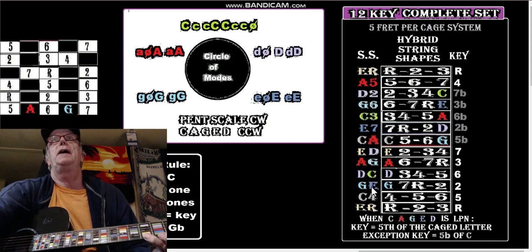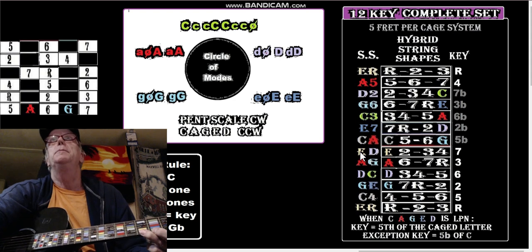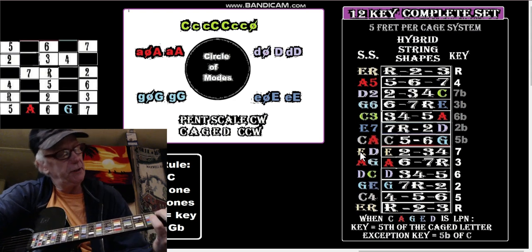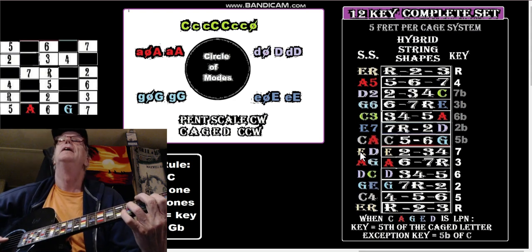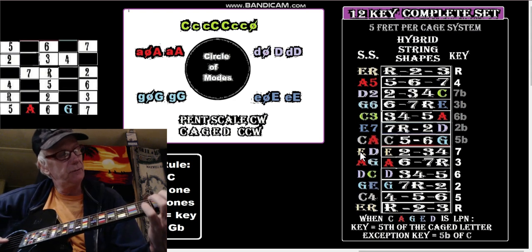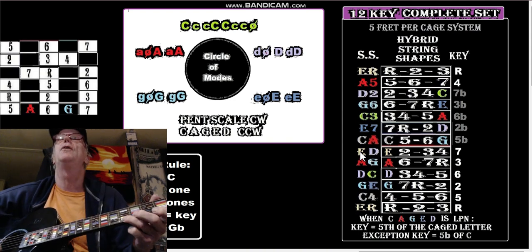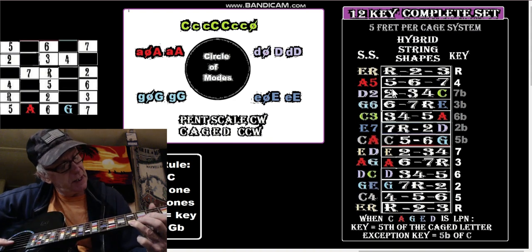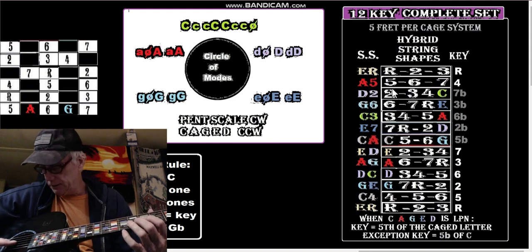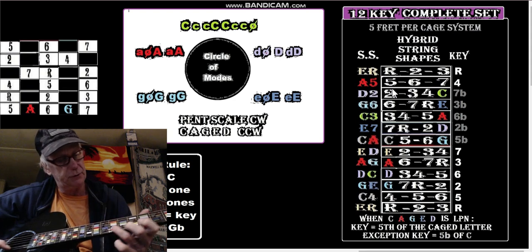Now this 5, 6, okay, is a problem, because the 5, 6 now moves up a CAGED letter. So we've got 5, 6 here. 5, 6, 7, root, 2, 3, 4, 5, 6, 7, root, 2, 3, 4 again. And this 5, 6, 7 is now up another CAGE shape here into the next box. 5, 6, 7, root, 2, 3, 4, 5.